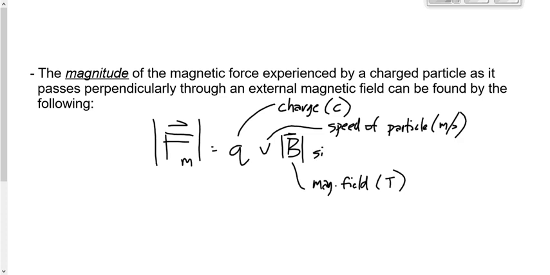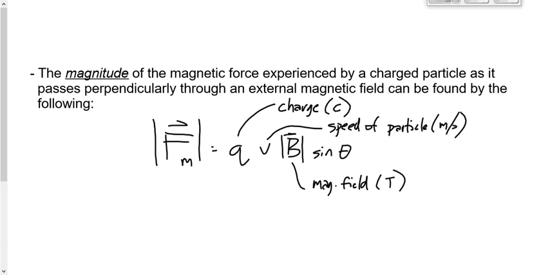Now, there is a trigonometric function on the end of that as well, sine theta. But you're going to see in the questions that you do, we can drop that. Here's why. Theta stands for the angle between the way that a particle moves and the direction of the magnetic field. We've said the hand rule for deflection is valid if the particle moves perpendicular to the field. If they're perpendicular, what's the angle? 90, right.